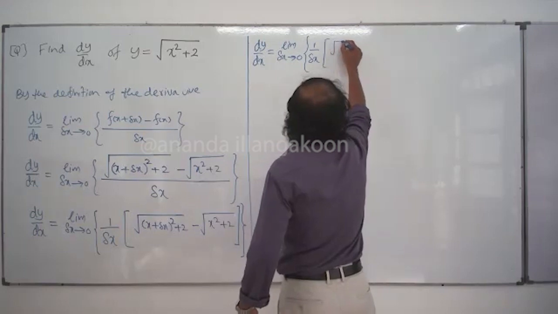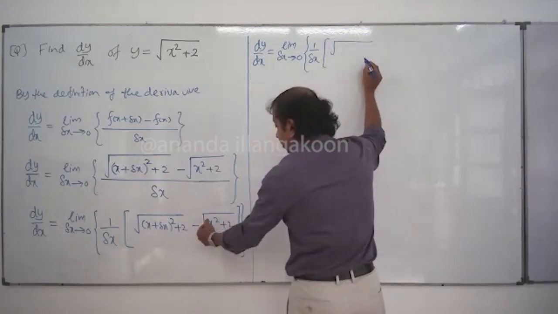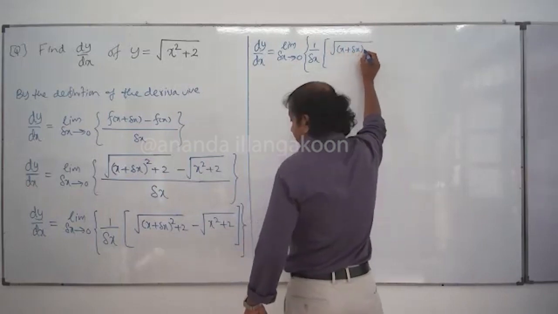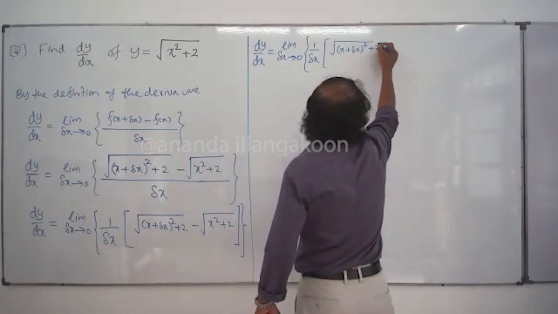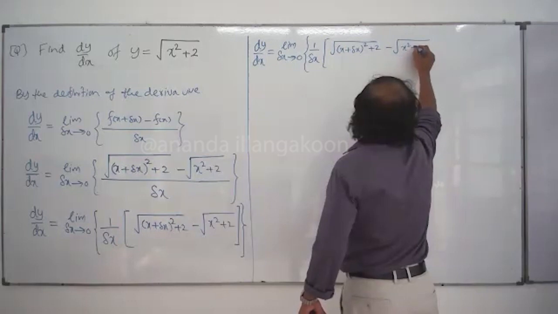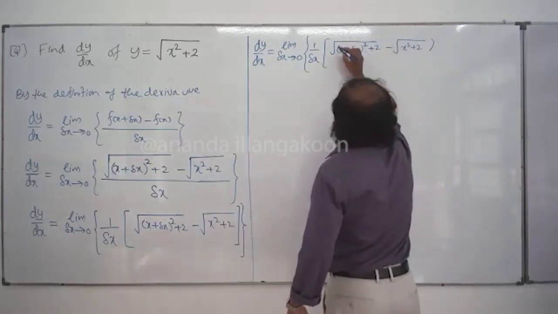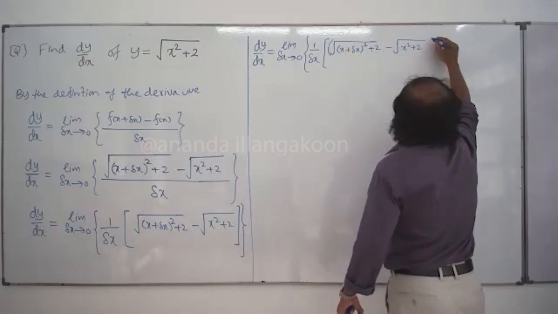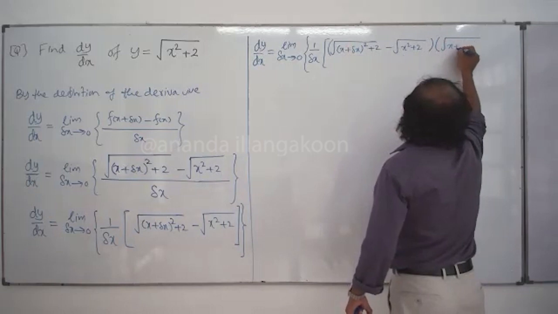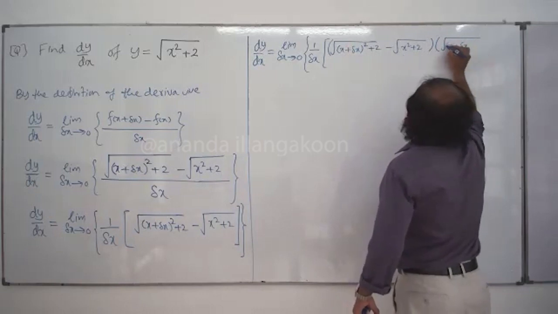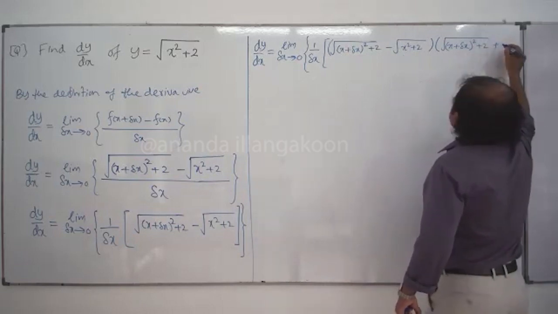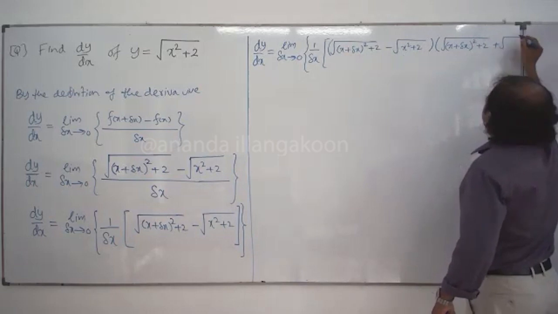The conjugate of this means, people, change the sign to the opposite, what you get, that is called a conjugate. Root of x plus delta x perfect square plus 2 minus root x squared plus 2, multiplied by root of x plus delta x perfect squared plus 2 plus root x squared plus 2.